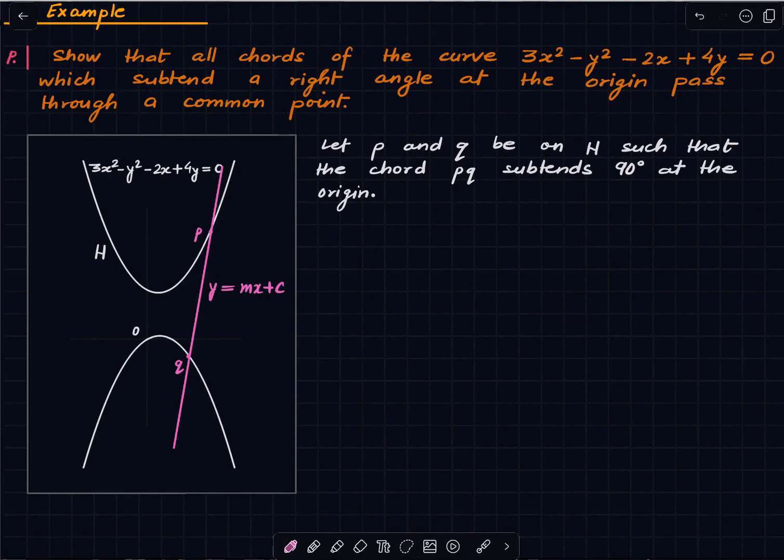And since P and Q subtend 90 degrees at the origin, you should be able to see that this line y equals mx plus c, or the line passing through both P and Q, cannot pass through the origin. So let me call this line L, and I'll just write the statement down and you can justify it. Note that L does not pass through the origin.